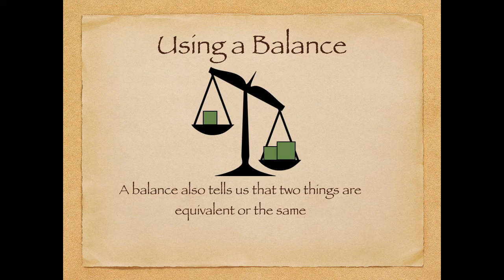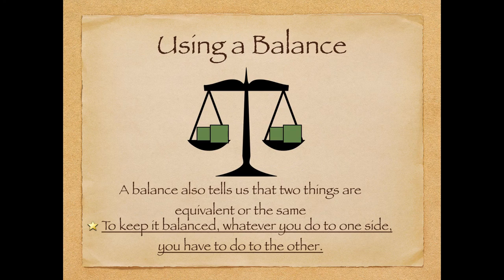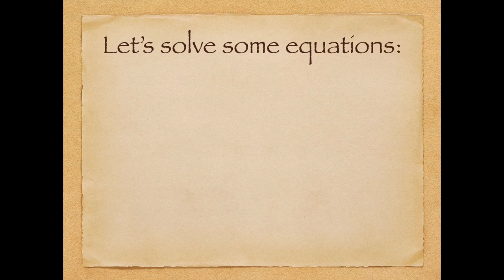So if I add a weight to one side, I'm going to have to add the exact same amount of weight to the other side to get it back to normal. So to keep this balanced, whatever we are doing to one side of an equation, we have to do to the other side. And so that's why I like thinking about balances, because that's true when you use them as well. So let's take this idea and solve some equations.